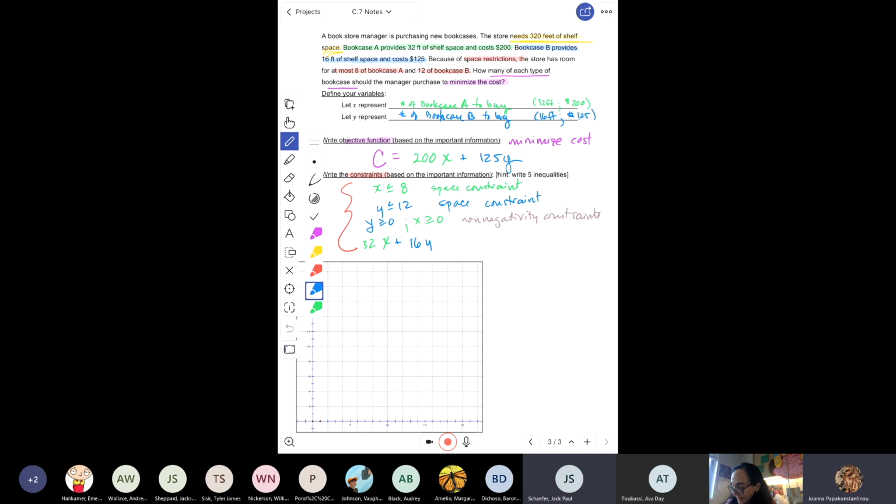Equals 320. Equals? We want at least 320, right? So greater than or equal to. Yes, there you go. That's beautiful. So this is our shelf space requirement, right?